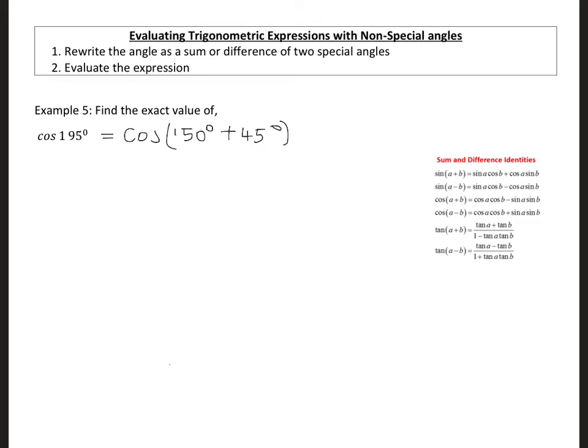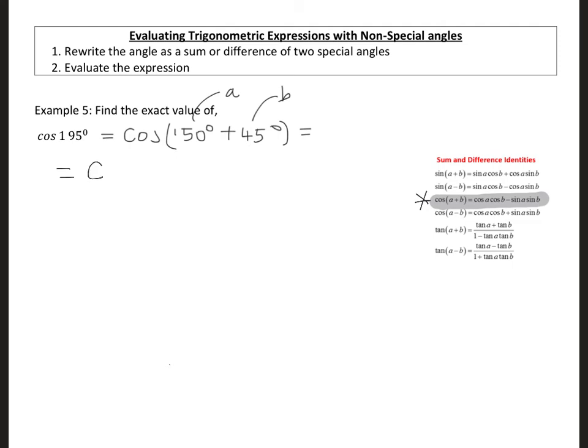So let's simplify this. Now I'm going to look at the identities and see which one has cosine and you are adding two angles. So this is it. That's what I'm going to use to simplify this. Remember, this is A and this is B. I'm just going to use this identity here because I'm adding the two angles.